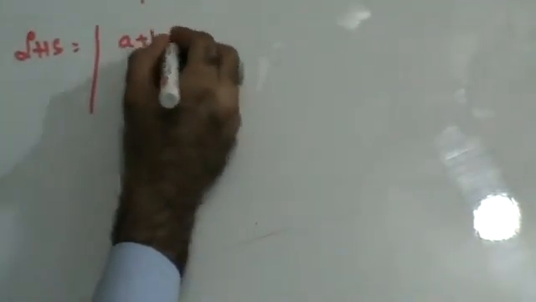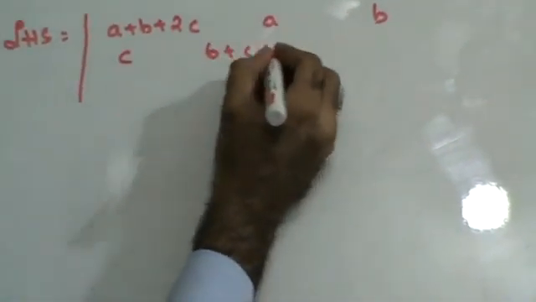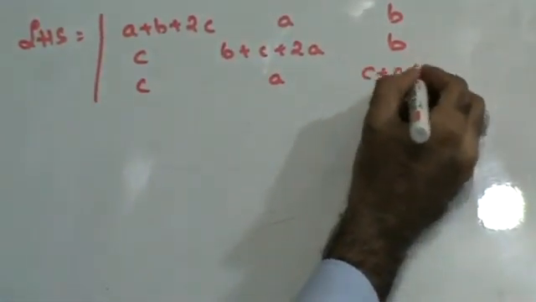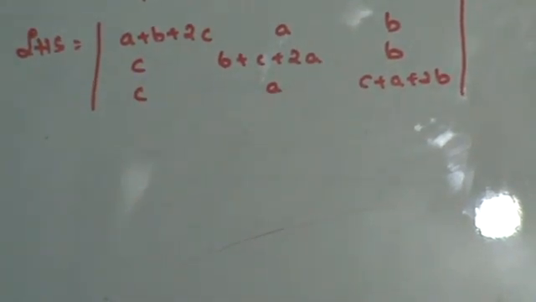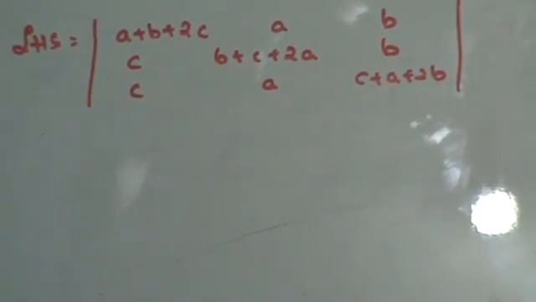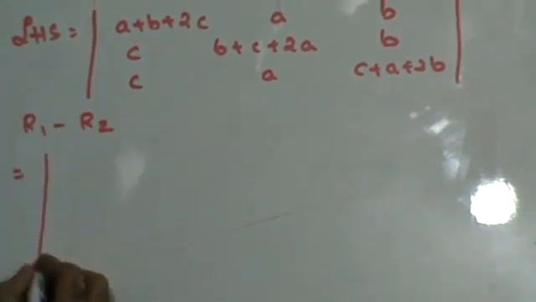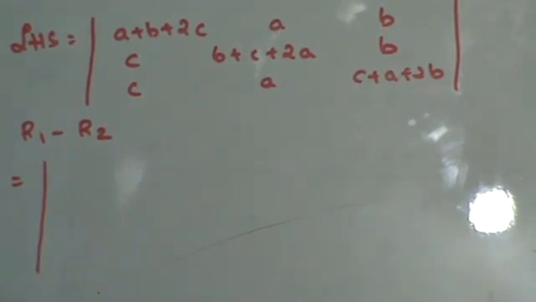a plus b plus 2c, a, b; c, b plus c plus 2a, b; c, a, c plus a plus 2b. Right? I need to try to get as many zeros as possible. I can say that R1 minus R2. If I do R1 minus R2, it will become a plus b plus 2c minus c.